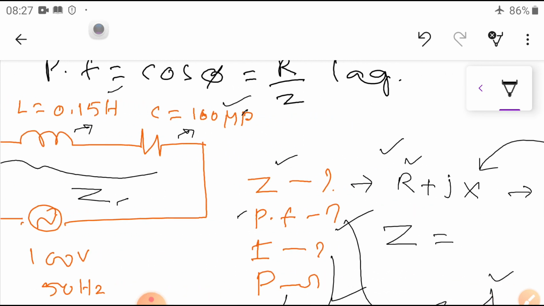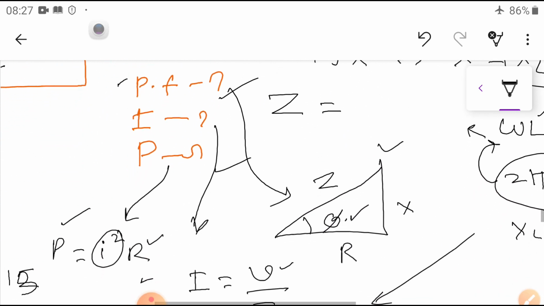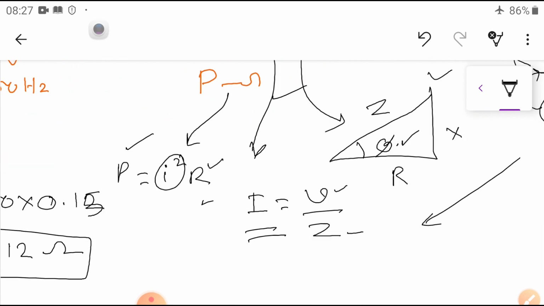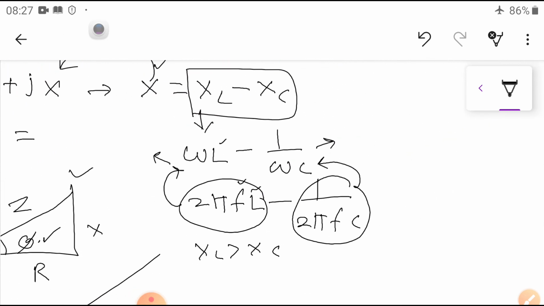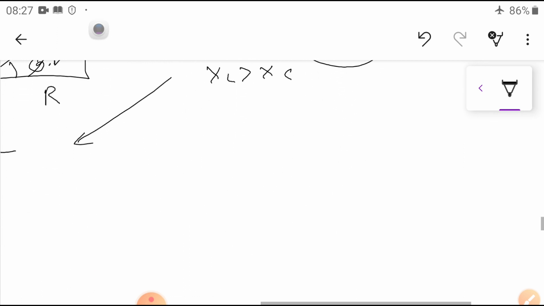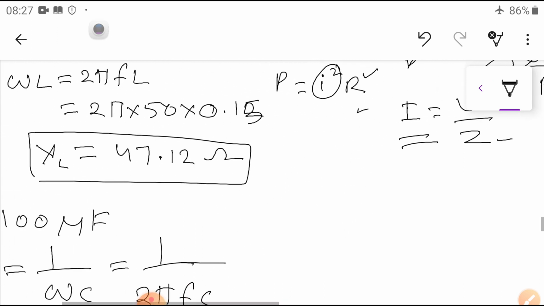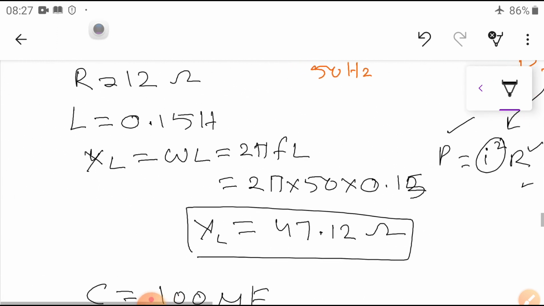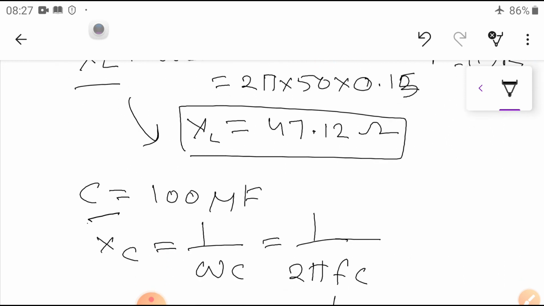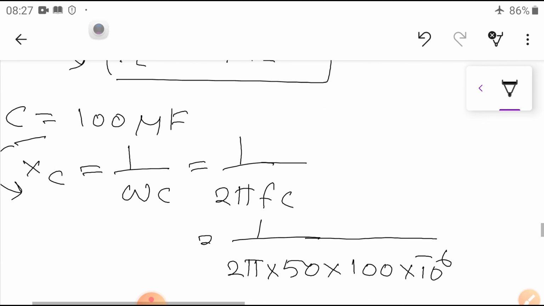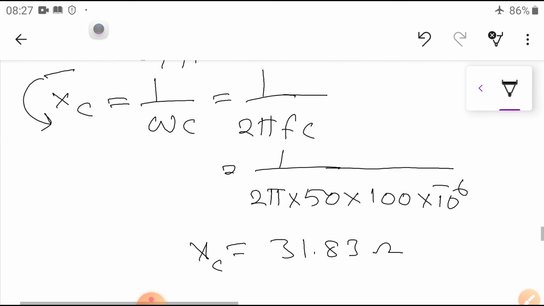Whatever values are given here, we converted to reactances simply by multiplying with the omega value. So L is given, that is converted to XL, and C is given, we convert to XC.